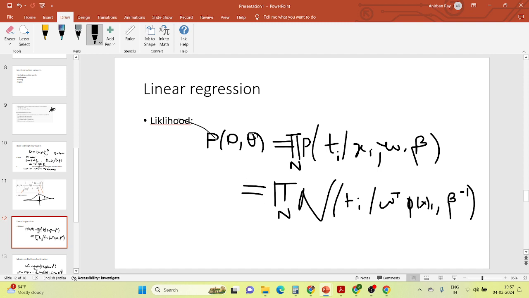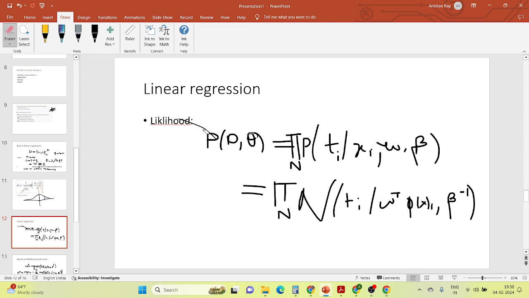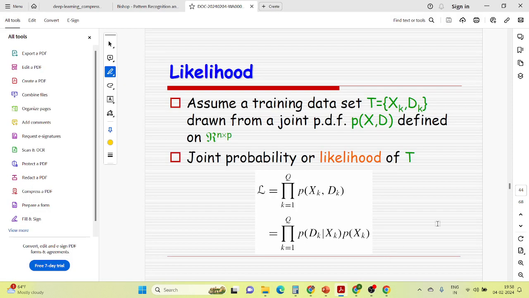Sir, can you please explain the concept with an example? Wait. So likelihood, as you can see, is the probability of occurrence of one training example, this is x and this is y, and the multiplication of all these.